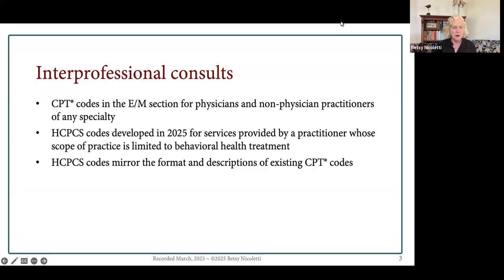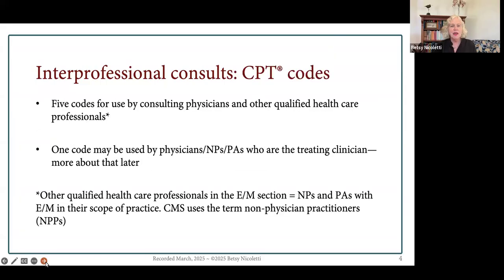The 2025 HCPCS codes really mirror the format and the description of the existing CPT codes, except for who can provide the service. So starting with the CPT codes, there are 5 codes for use by physicians and other qualified healthcare professionals. CPT says other qualified healthcare professionals. CMS says non-physician practitioners.